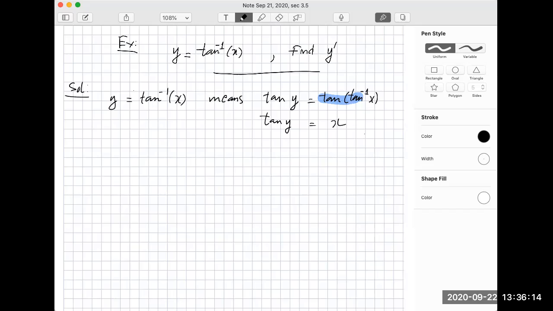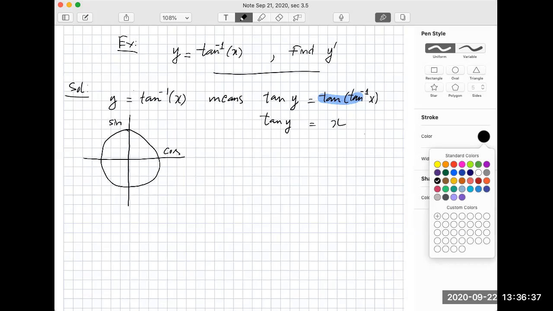So now let me draw the unit circle here, and you help me to determine where the domain of it is. We know that this axis is the cosine axis, and here is the sine axis.